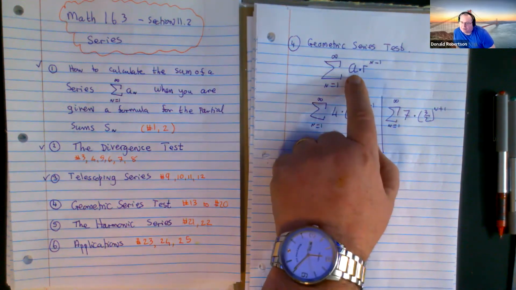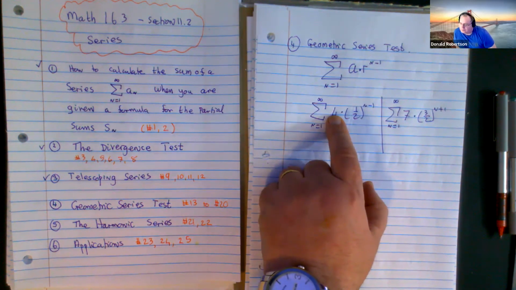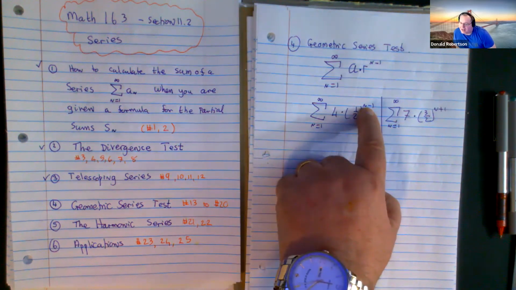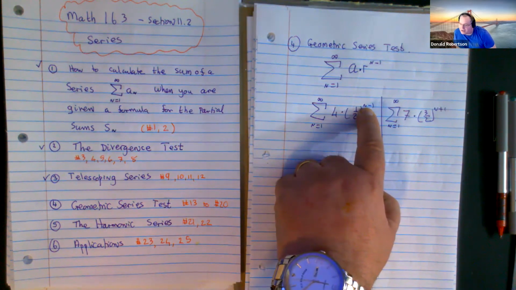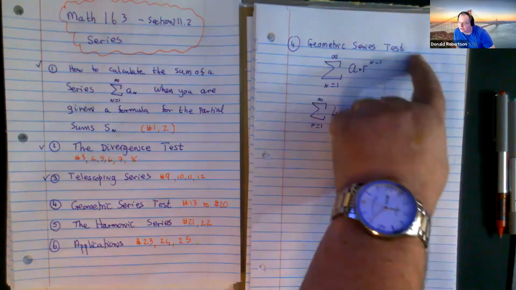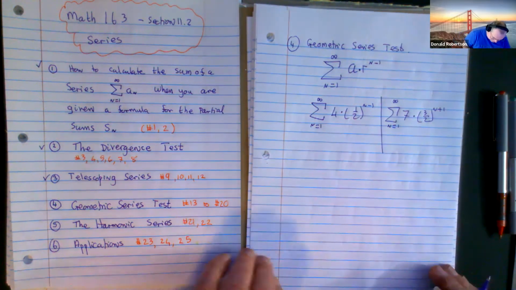What makes you a geometric series is there's going to be a number, like 2, 4, 42, could be a minus 4, whatever, followed by something raised to the power of n minus 1, n plus 2, that type of thing, right? So these are all geometric series, okay? So what is the geometric series test?